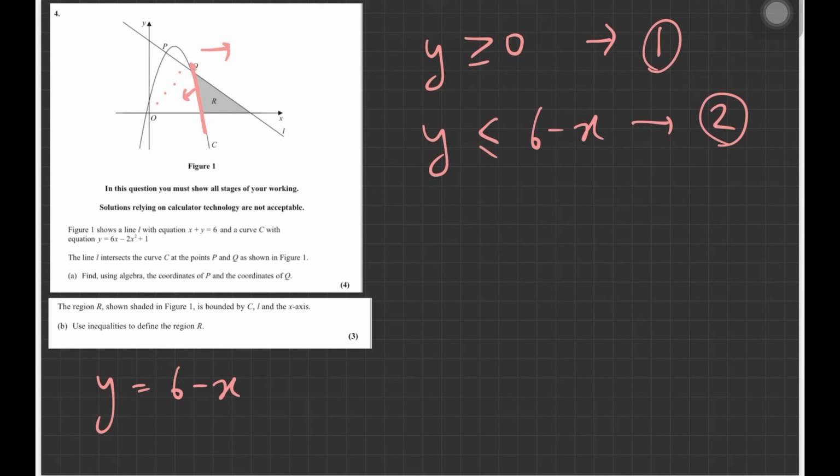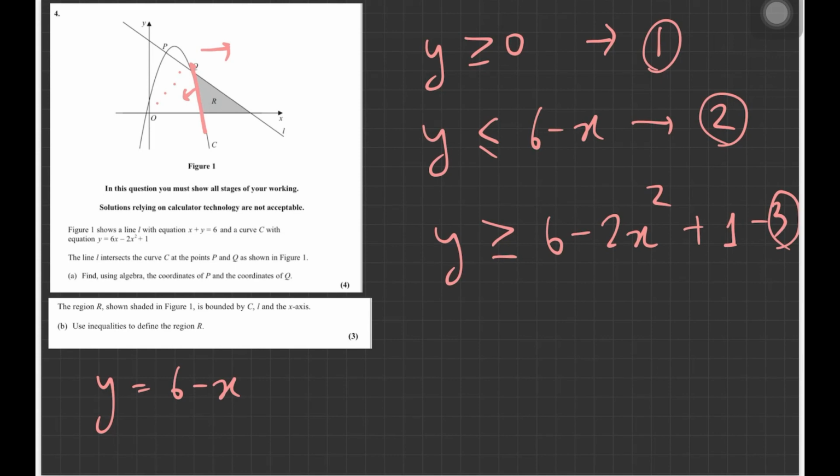So in this case, we are going to say that y is greater than or equal to 6 minus 2x squared plus 1. And this is going to be our third inequality.